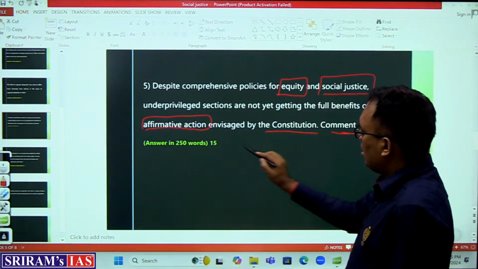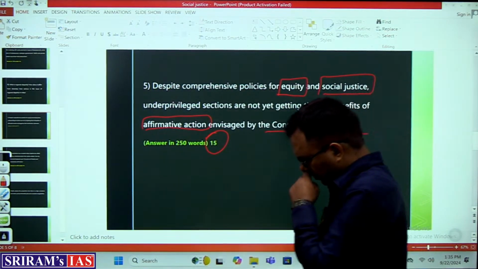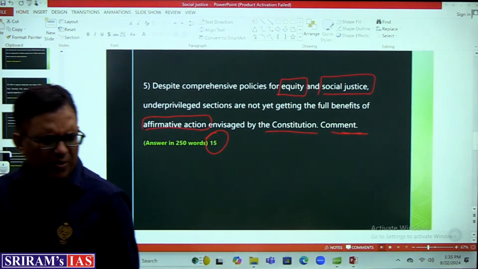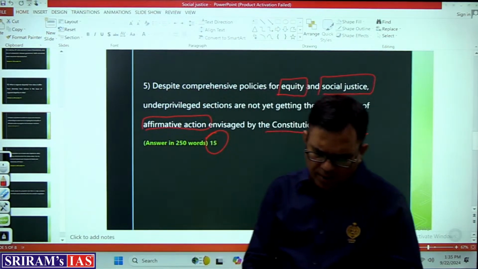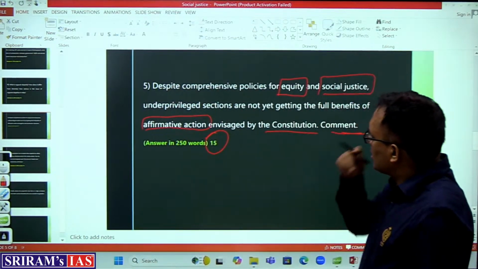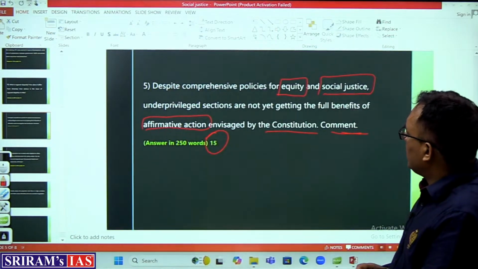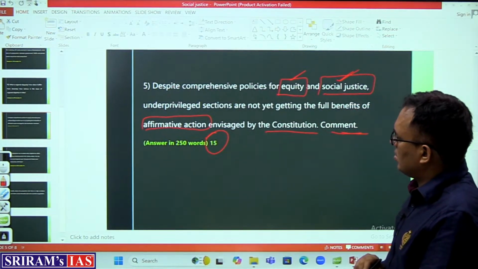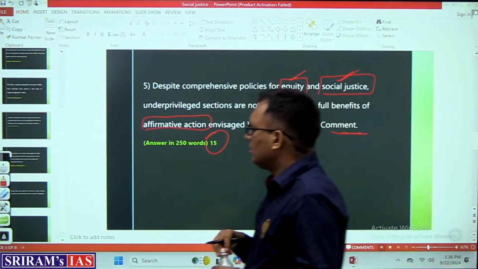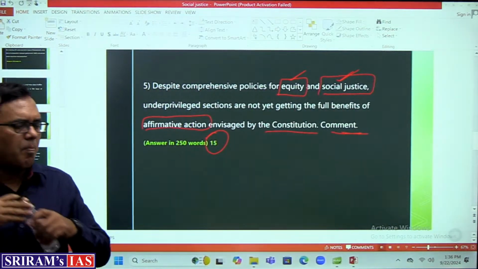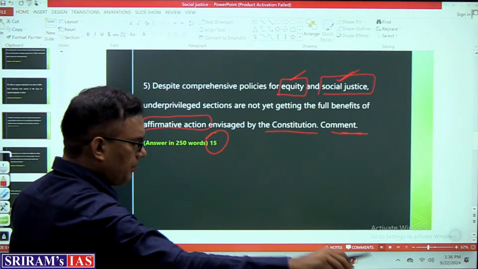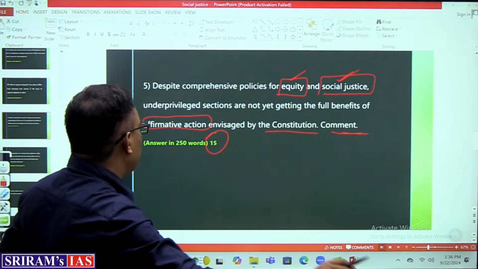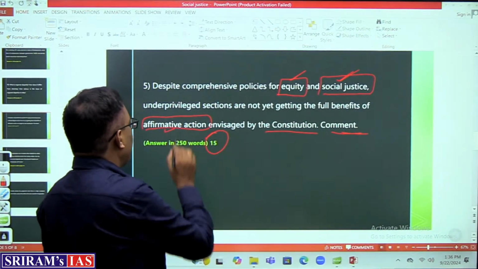Comment, again in 250 words. So what are we required to do over here? Consider the key words: despite comprehensive policy for equity and social justice, not yet getting the full benefit of affirmative action.